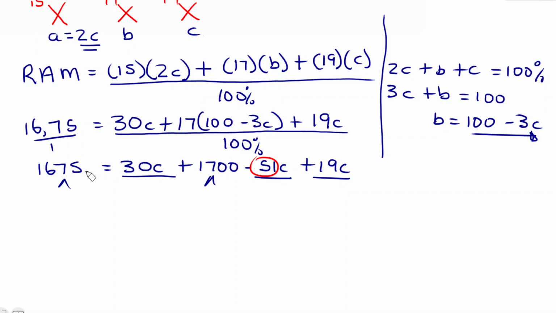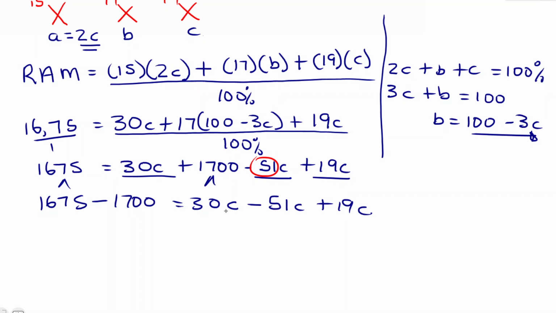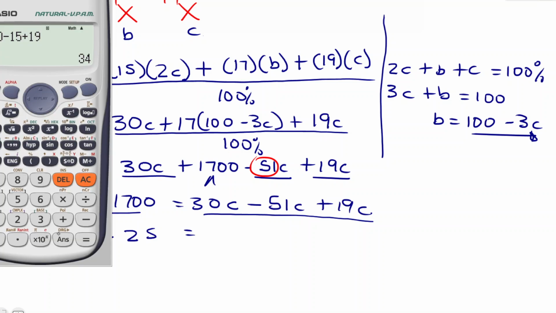So we took the 1,675, we take the 1,700 to the left, equals 30C minus 51C, it's not 15. So let us now add all of this and subtract. On the left we have negative 25. So let's quickly redo this calculation.